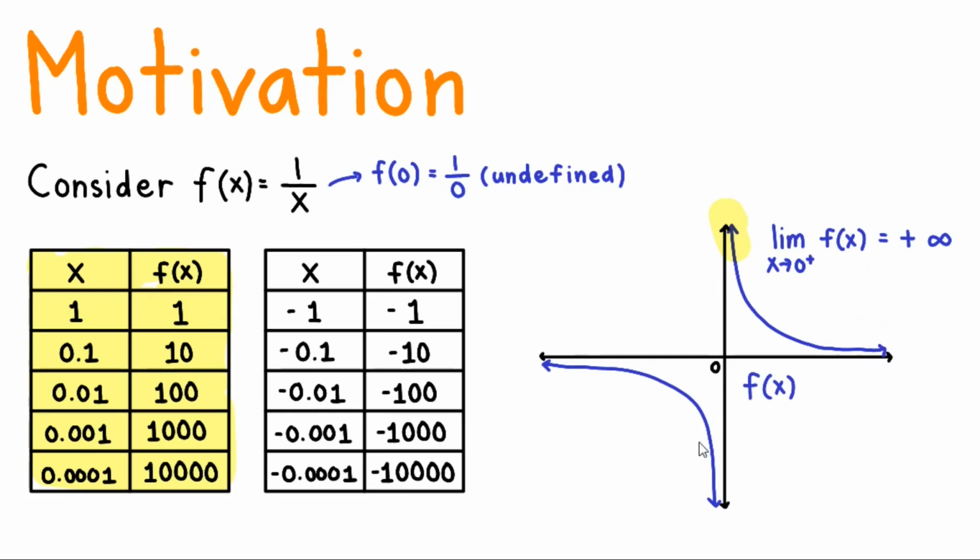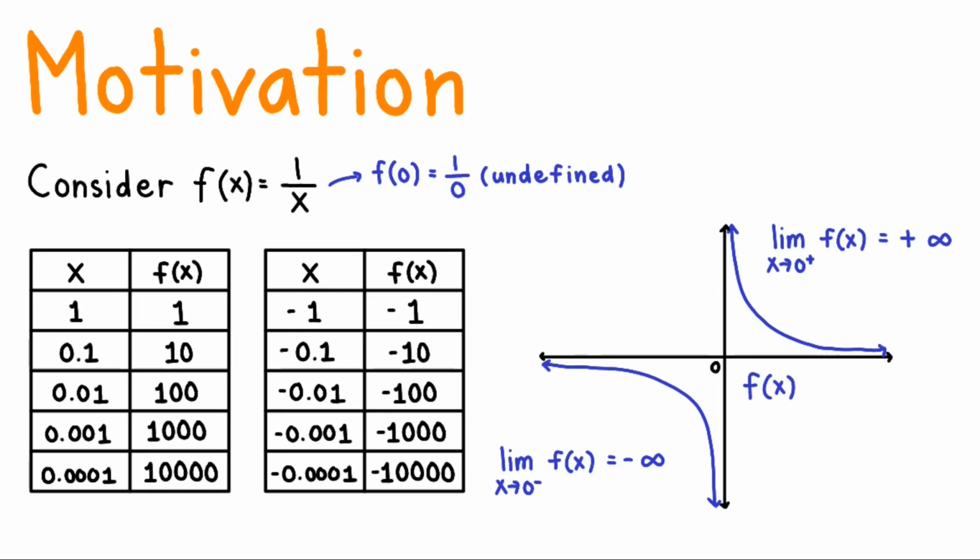And similarly, for values out here, as x approaches 0 from the left, the value of f of x constantly decreases without bound, or it approaches negative infinity. So we say that the limit of f of x as x approaches 0 from the left is equal to negative infinity. And so these two are what we consider infinite limits.